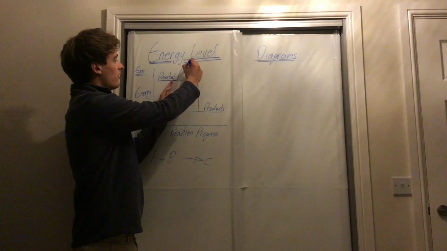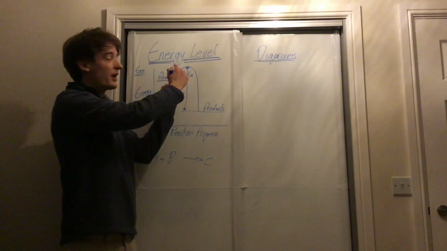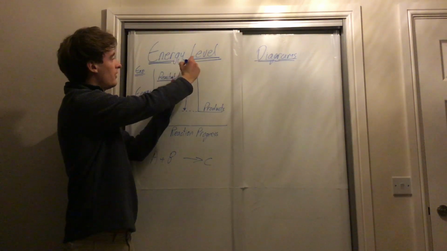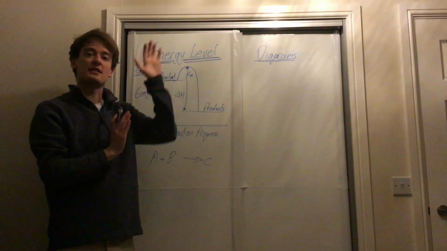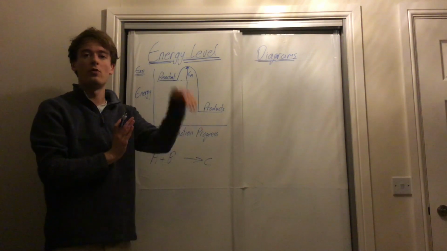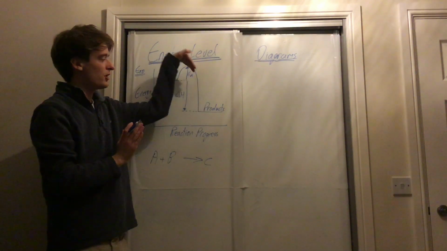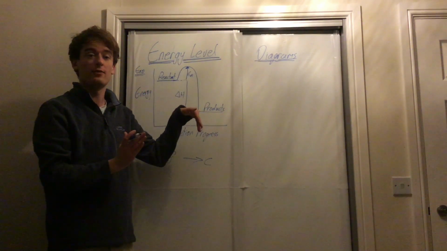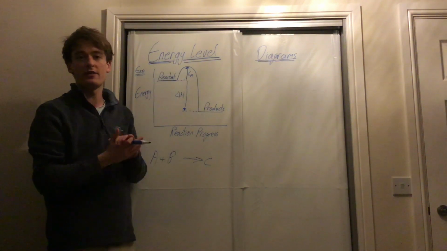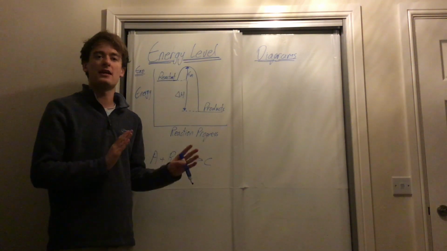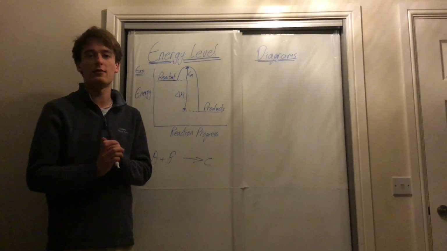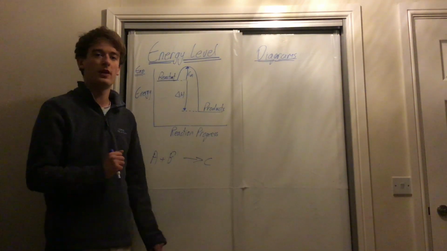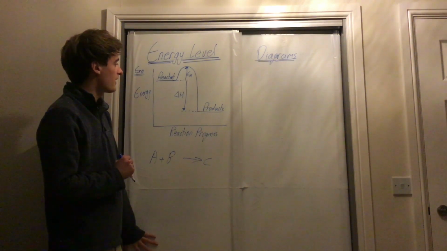I need to do some bond breaking to overcome this pathway. If you like, I need to put energy in to get over the hill before it's released in some new bond making, which is an exothermic process, down the other side. We'll look at how bond making is exothermic and bond breaking is endothermic when I do bond enthalpy calculations in another video.